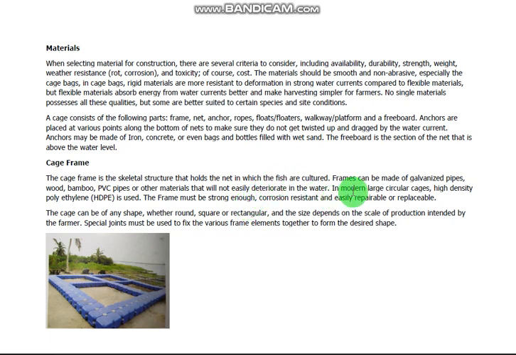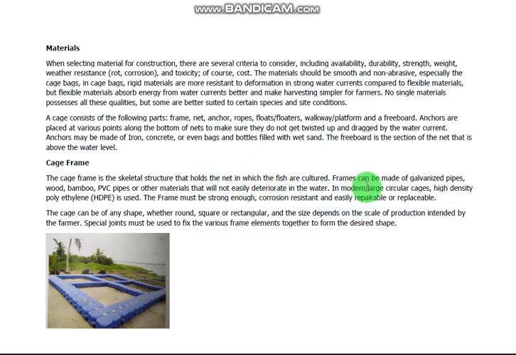Deterioration is one of the key things you have to check when selecting your cage frame, because durability is important in cage culture.